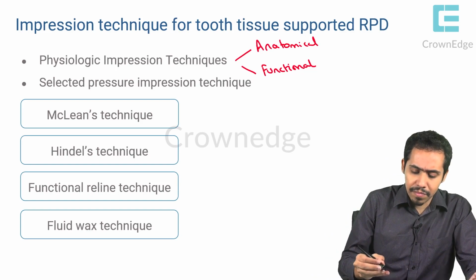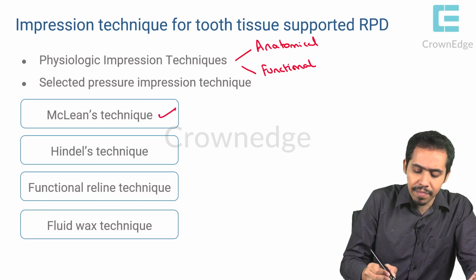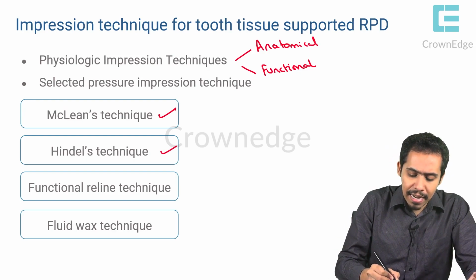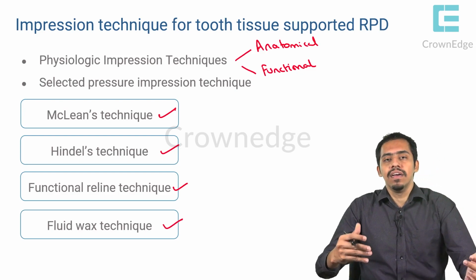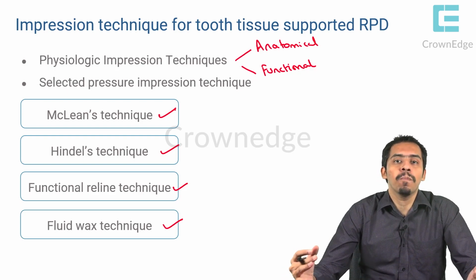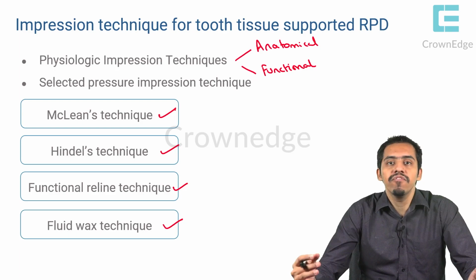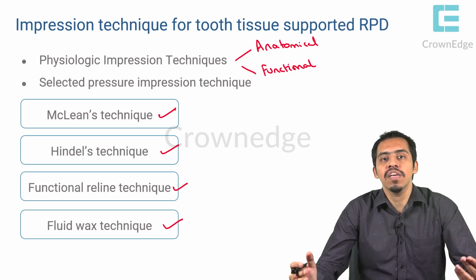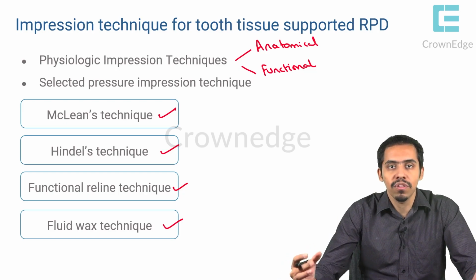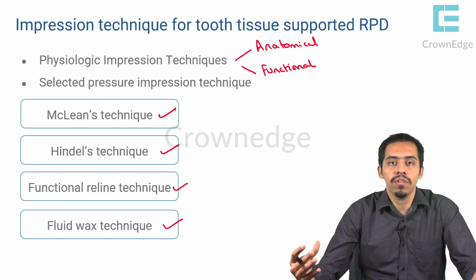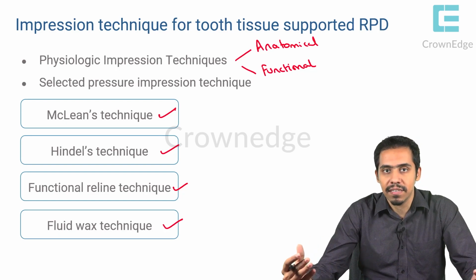They are your MacLean's technique, Hindle's technique, which is basically a modified MacLean's technique, a functional relining technique, and fluid wax technique. Now, all 4 of them employ a different procedure to obtain the impression in the physiological state. When I say physiological state, I mean a combination of both anatomical as well as functional, so that we can record the tissues just like how they would be during both occlusion and during rest.